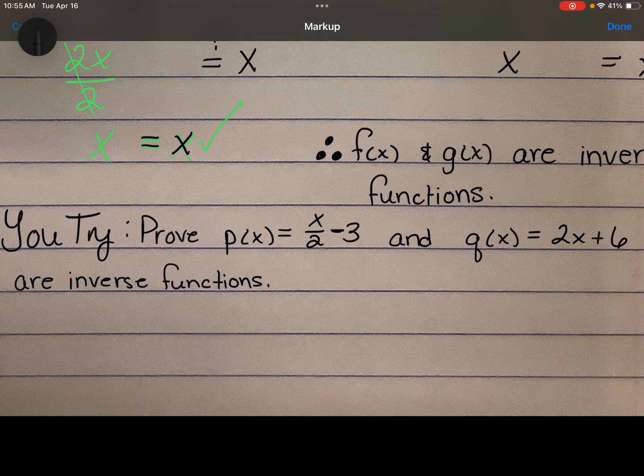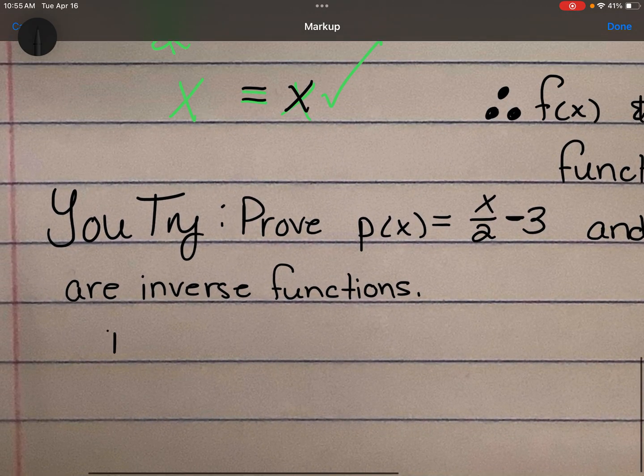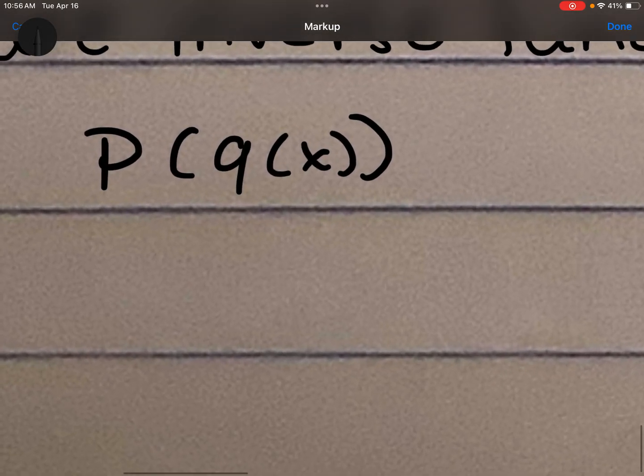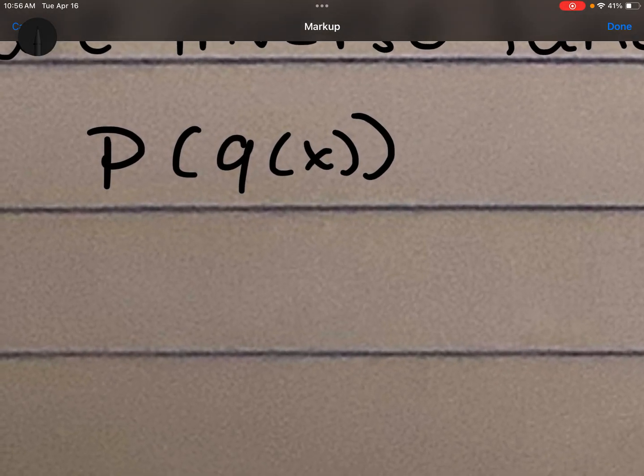All right, so to prove that these are inverse functions, we need to do p of q of x, and we need to do q of p of x. All right, so p of q of x, that's going to be the p function, which is x over 2 minus 3.